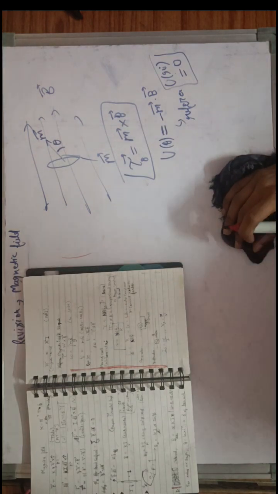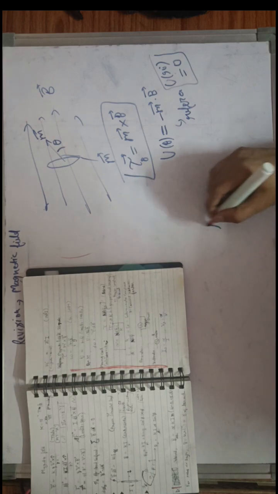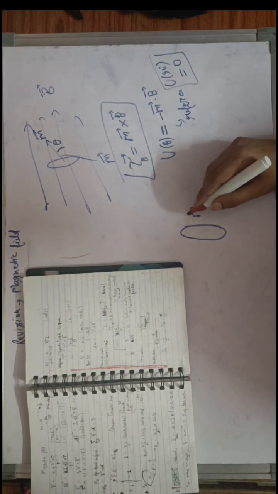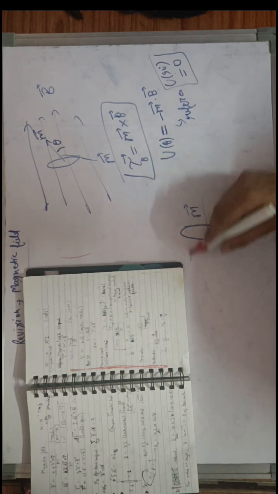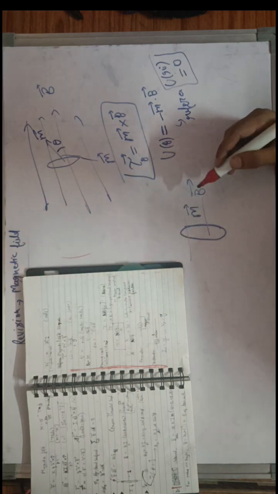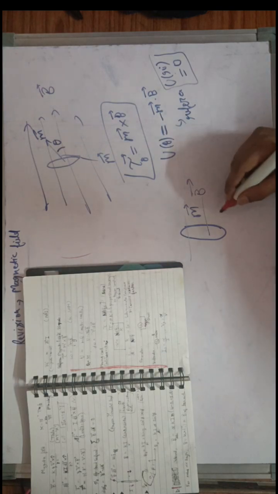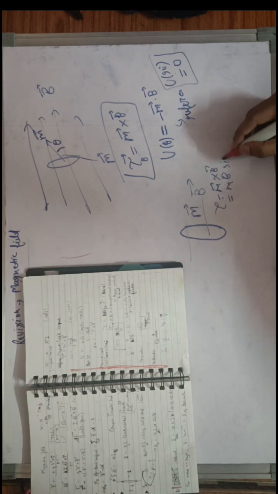And similarly, in the case of a galvanometer, there is a coil of some magnetic moment, and there is some magnetic field B in this medium. The torque acting on this dipole moment would be given by M cross B, which is MB sine theta.